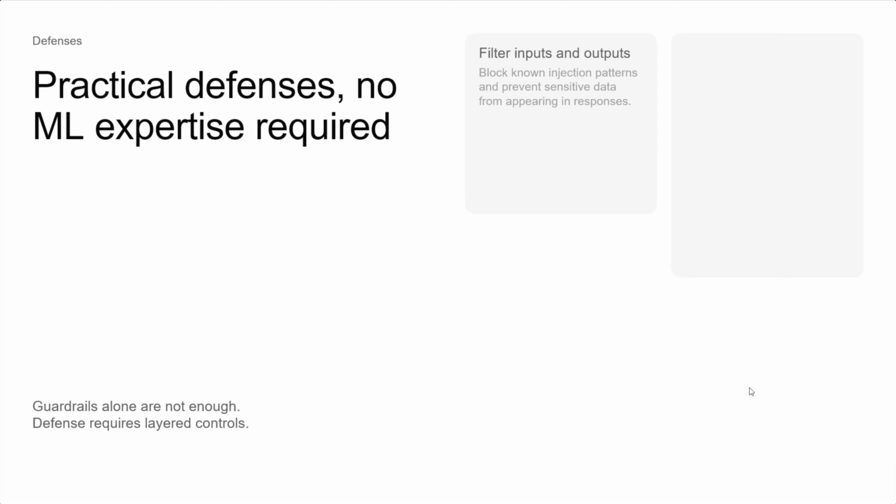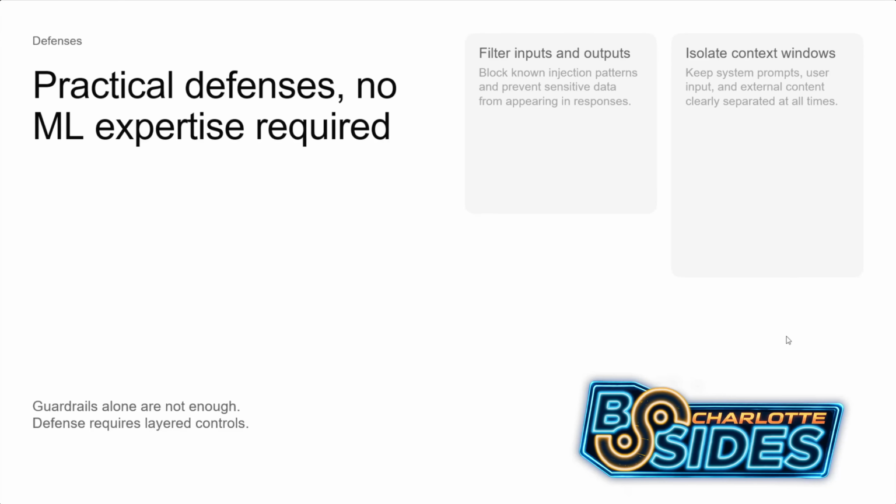Second, isolate the context. Right now, one of the biggest problems is everything lives in the same context window. Instead, separate system instructions, user inputs, and external documents, so malicious data can't override system behavior. Third, apply least privilege to these tools.